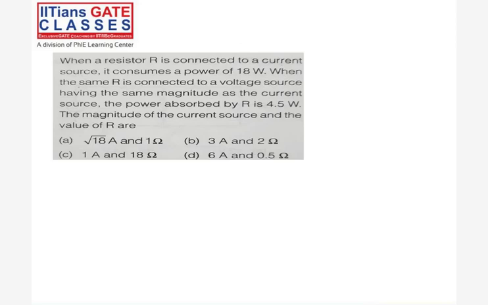When the same resistor is connected to a voltage source having the same magnitude as the current source, the power absorbed by the resistor is 4.5 watts. The magnitude of the current source and the value of R are? Read the question again, write down the given data, and solve it.